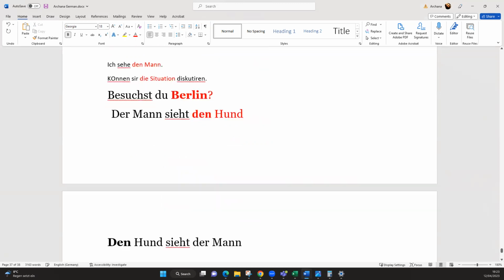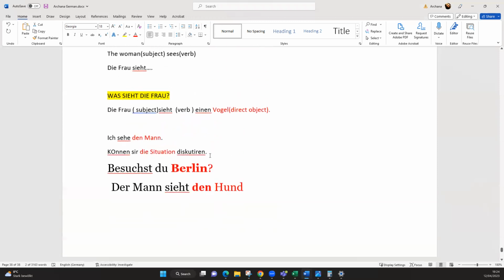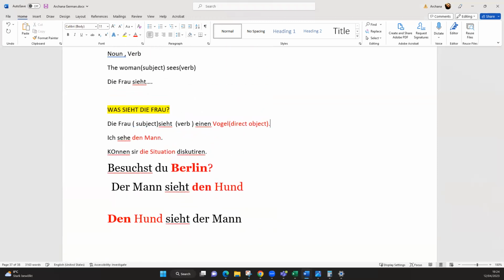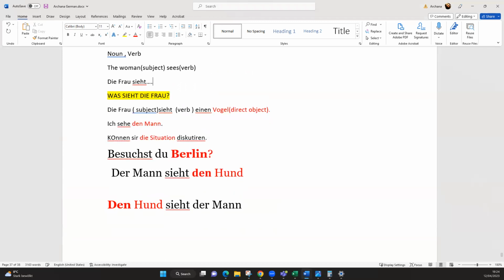The dog sees the man. So whatever you see here, you will always find the accusative case as den Hund. The dog is seen by the man. Now that we have completely understood what the accusative case is.